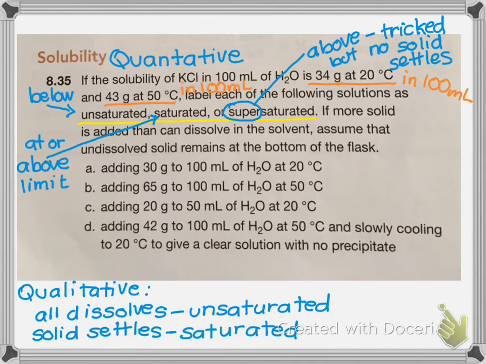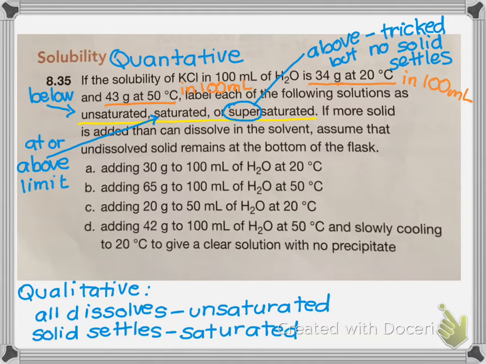Now you might wonder why they tell us the temperature, and in the next video we'll talk about it. But temperature does affect solubility, as you can see here. At the colder temperature, you dissolve less. The limit is lower than at a warmer temperature. So oftentimes with the solubility of a substance, they give you the temperatures.